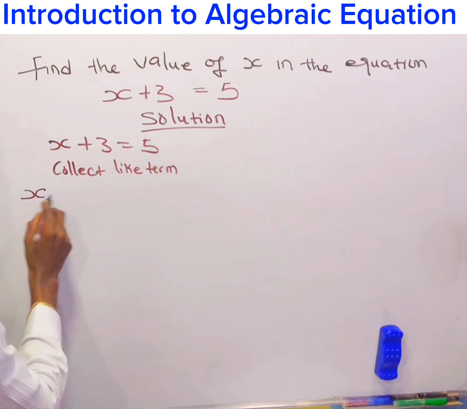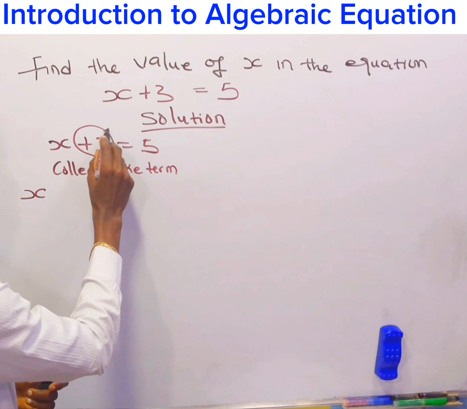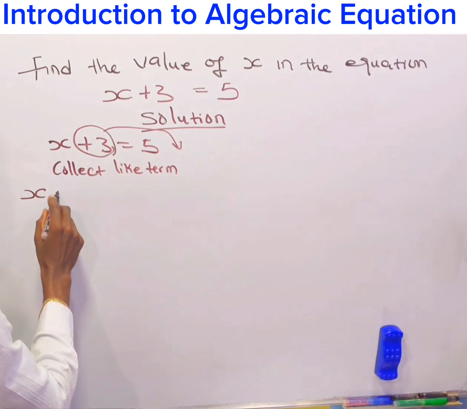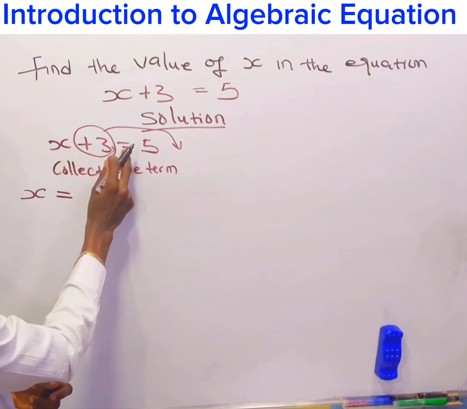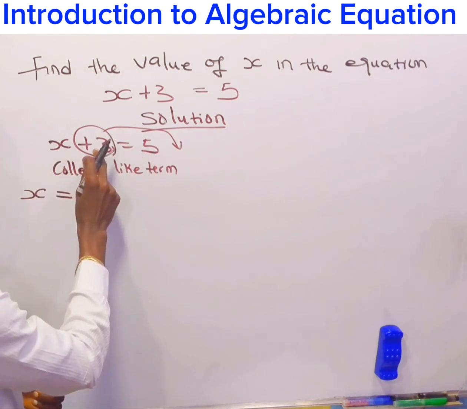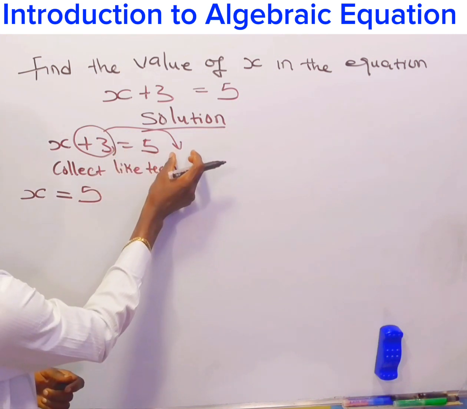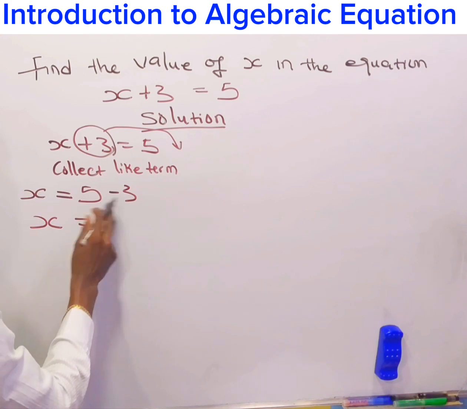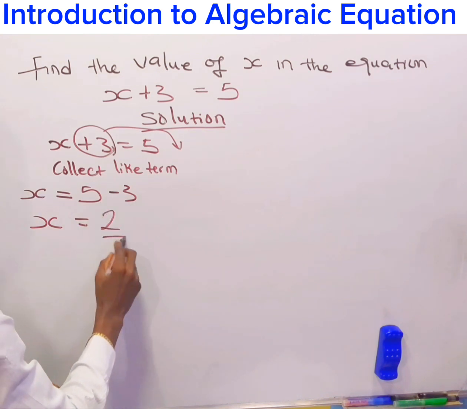So we'll have x directly, equal to 5 first. Positive 3 crossing the equal sign to behind 5 will become negative 3. That makes our x to be equal to 5 minus 3, which is 2.